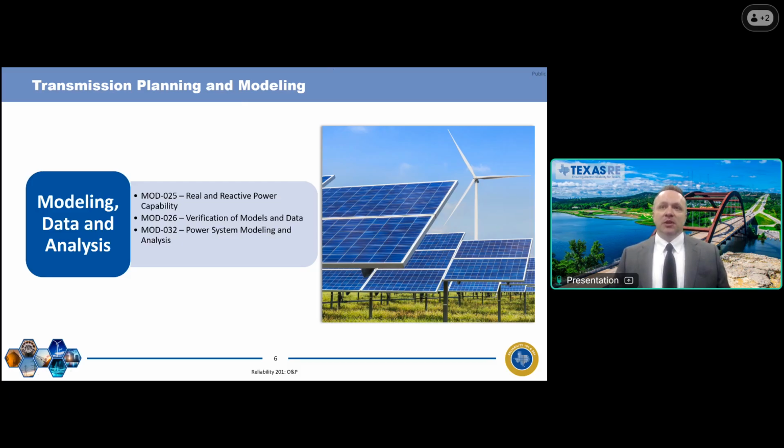This standard requirement looks at generation excitation control systems, or in the case of IBRs, plant volt-var control function models, and ensure that they accurately represent real functional behavior. Mod 32, power system modeling analysis, looks at consistent modeling data requirements and reporting procedures to support planning cases and analysis.